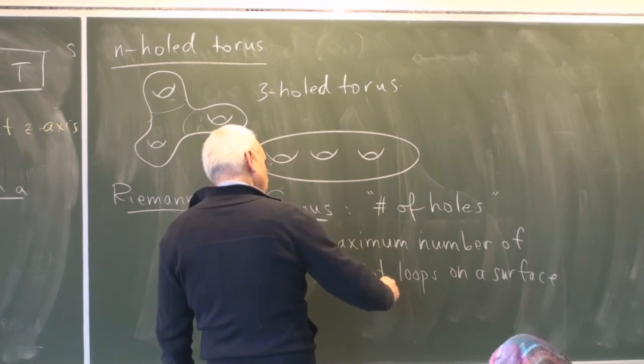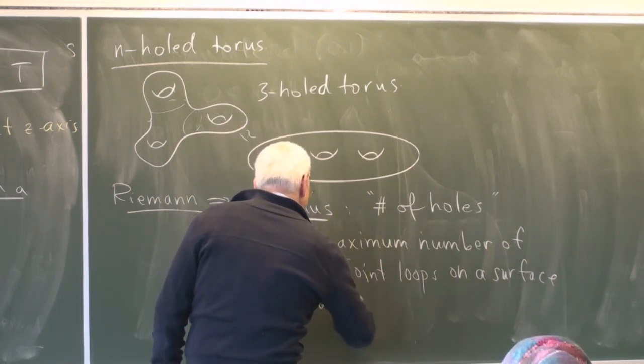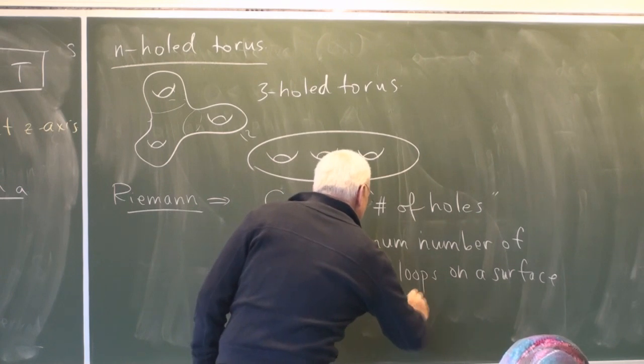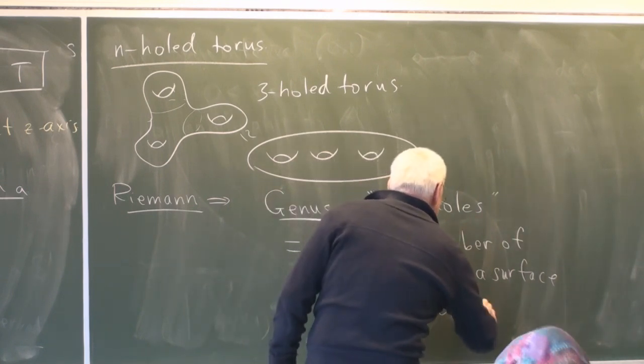Maximum number of disjoint loops on a surface which do not disconnect it.